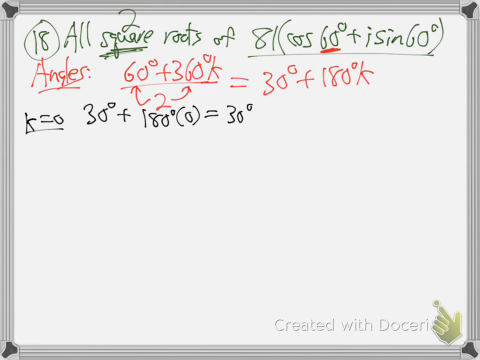You're just going to do K equals 0, K equals 1, and done. Going to have 2 answers for a square root. So it's going to be 210. So my 2 angles are 30 and 210.